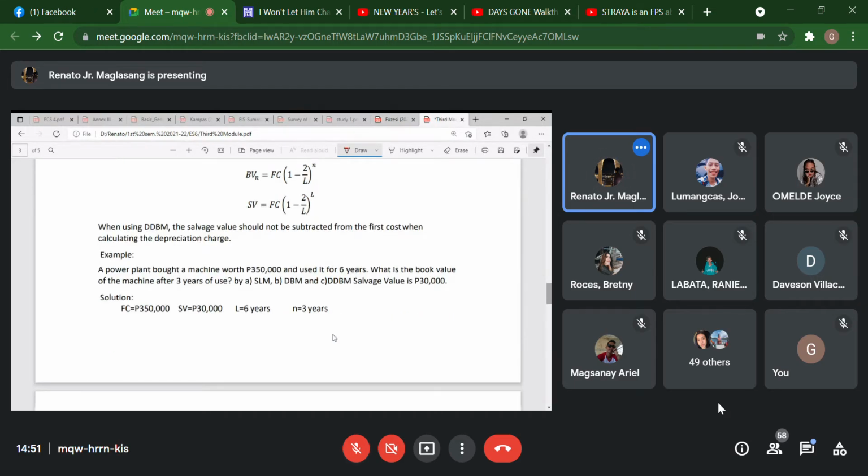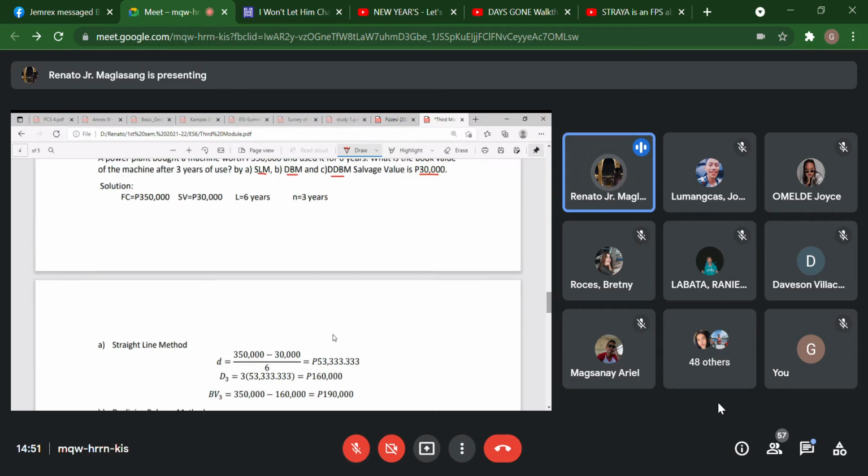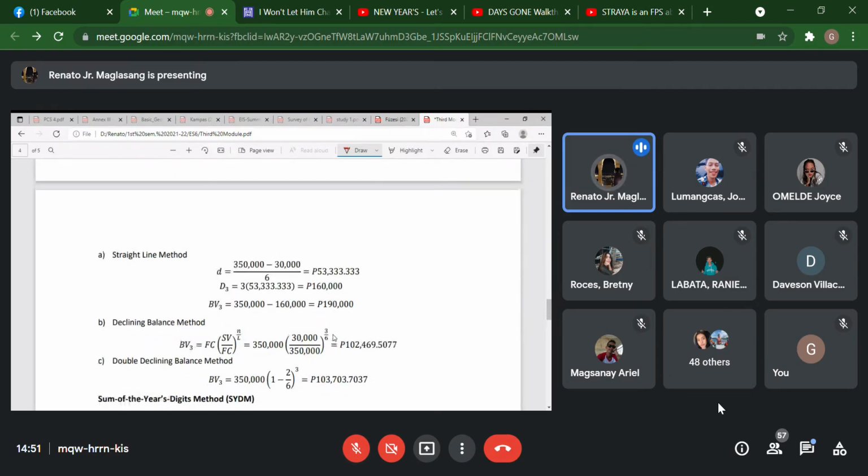So for example, a power plant bought a machine worth 350,000 and used it for 6 years. What is the value of the machine after 3 years of use by the straight line method, DBM and DDBM, where the salvage value is 30,000? Okay, so for the straight line method, the depreciation cost is equal to 350,000 minus 30,000, the salvage value, over the useful life, which is 6.